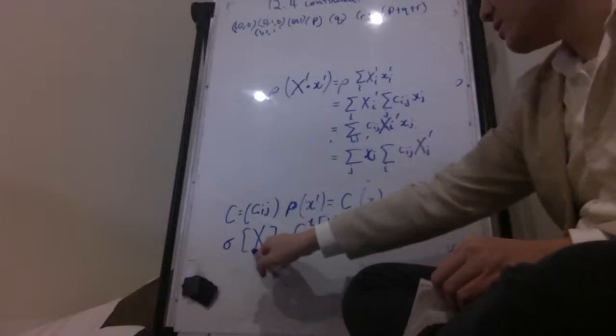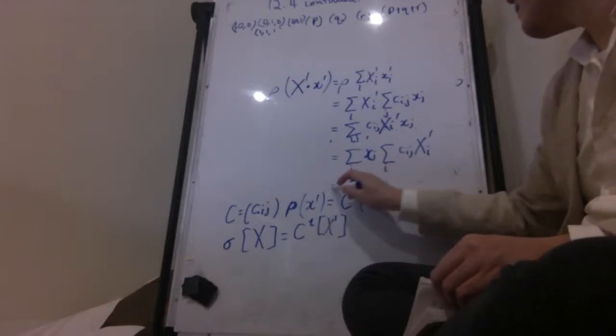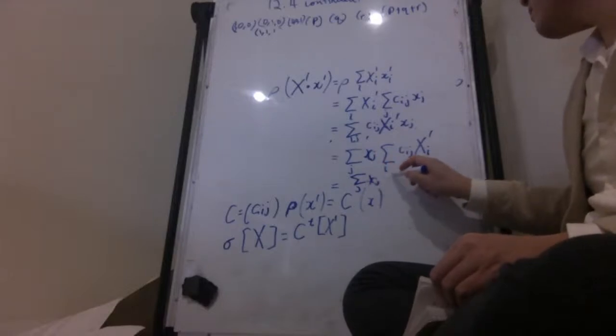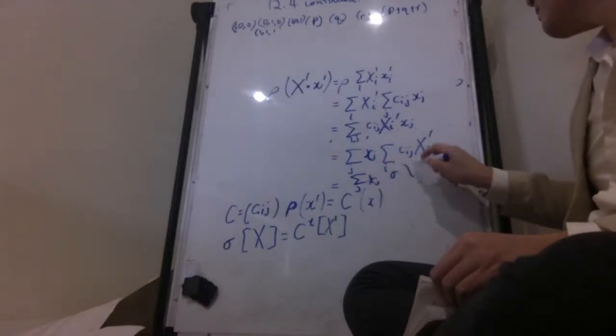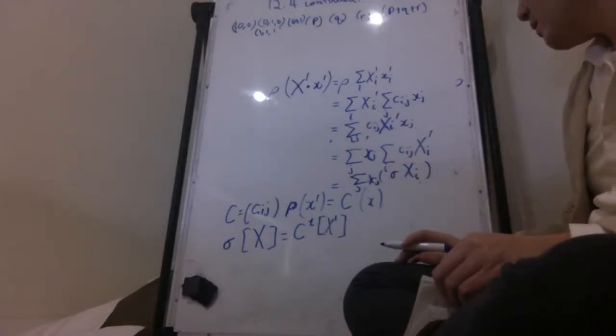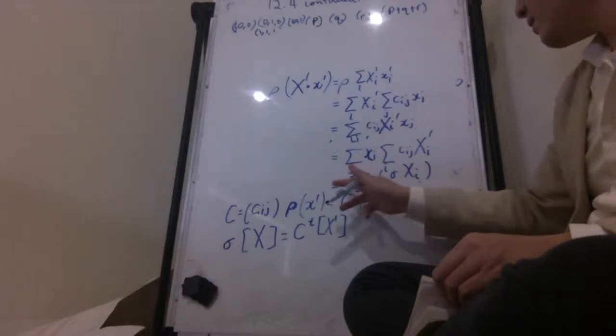So this is actually just sigma times xi, okay? And so the sigma is just a scalar, it comes out.